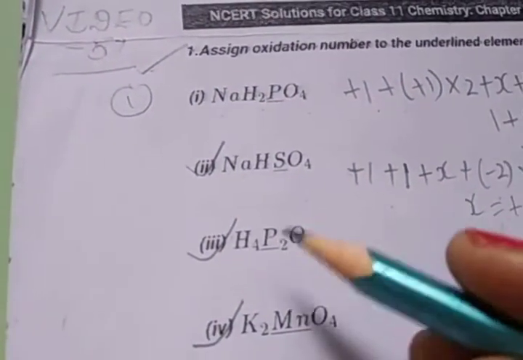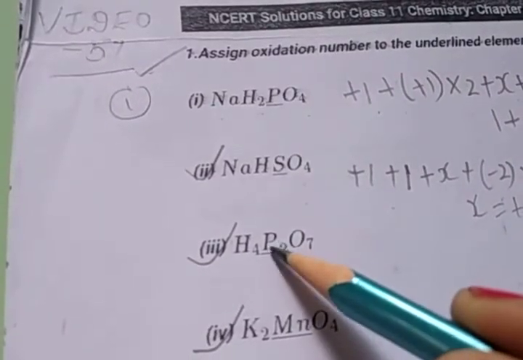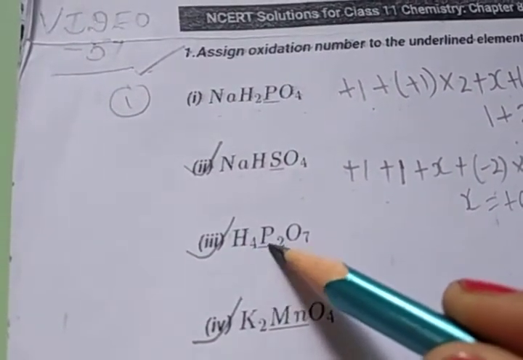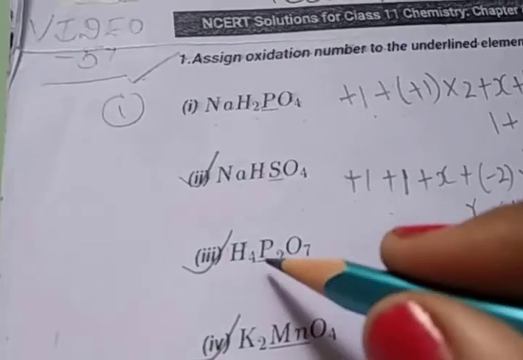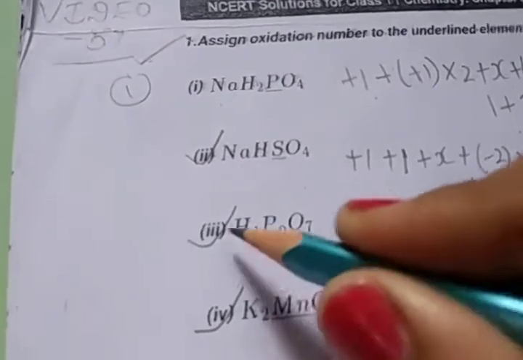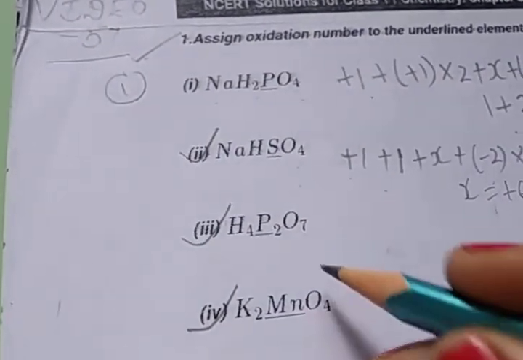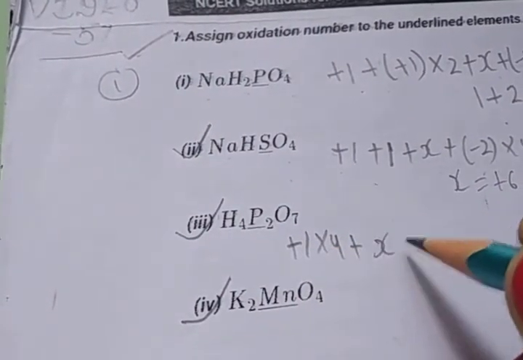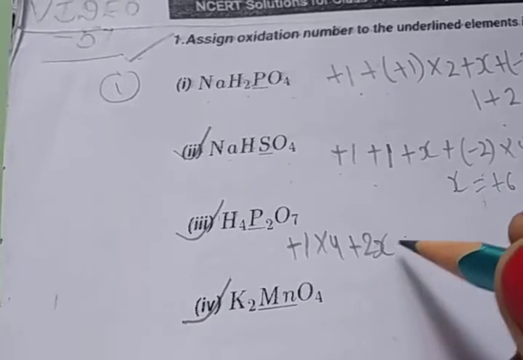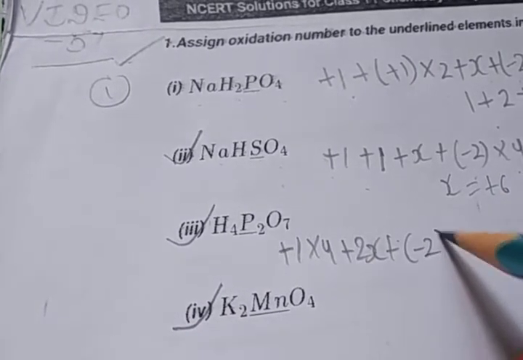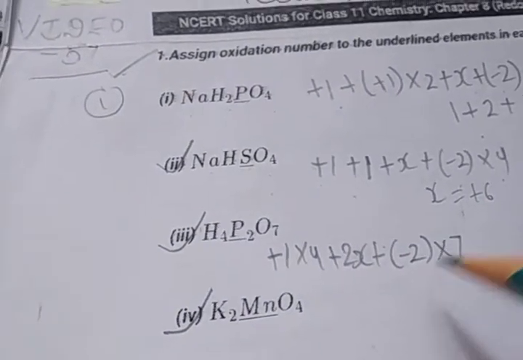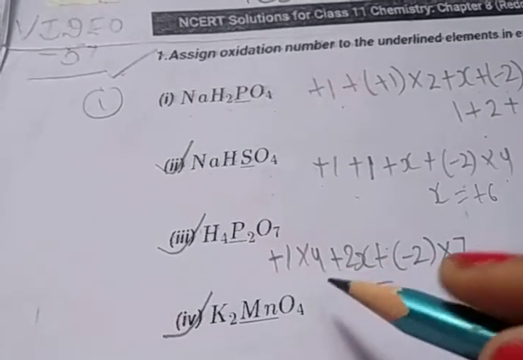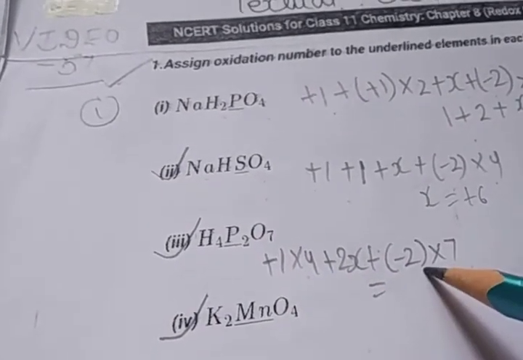Then third, H4P2O7, with the underline on the phosphorus. Hydrogen plus 1 valency, so plus 1 multiply 4, plus phosphorus X multiply 2, so 2X, plus oxygen valency minus 2 multiply 7. So calculate plus 4 and minus 14.